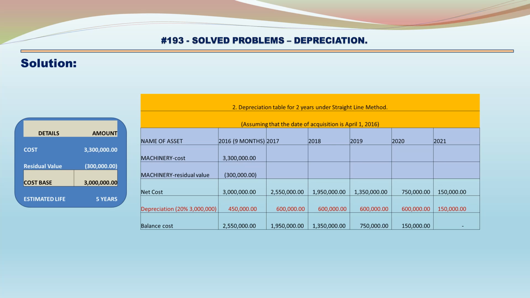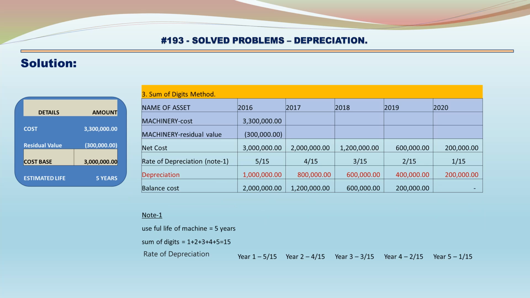Balance cost 750,000. 2020 beginning balance 750,000 less depreciation 600,000. Balance cost 150,000. 2021 150,000 is the opening balance of the cost less depreciation 150,000. Net cost 0.